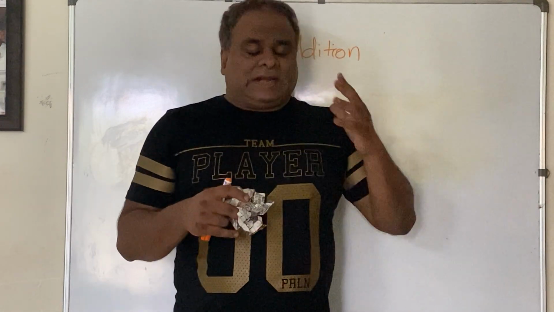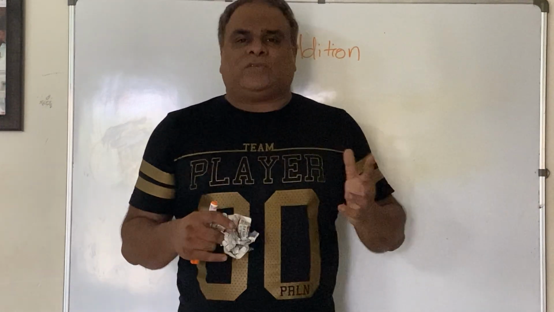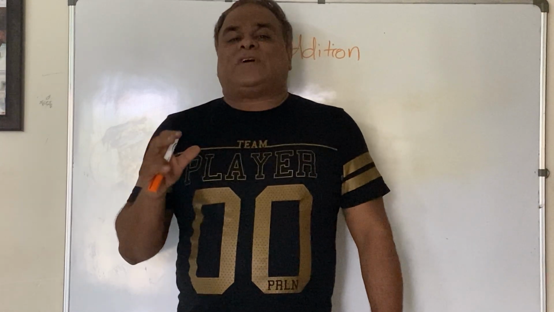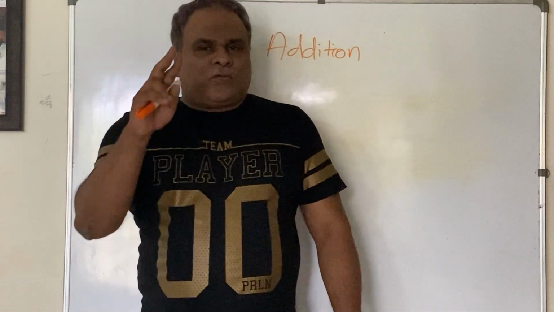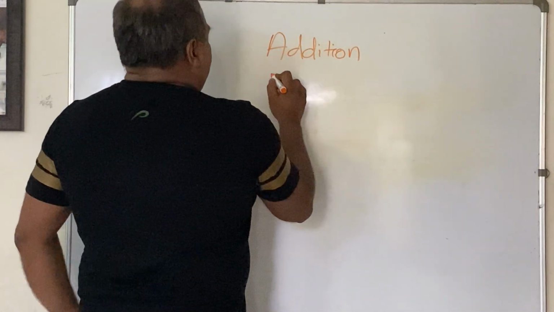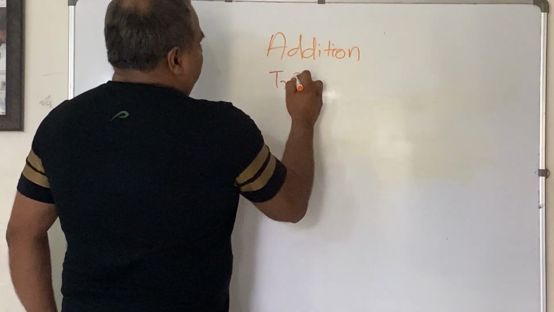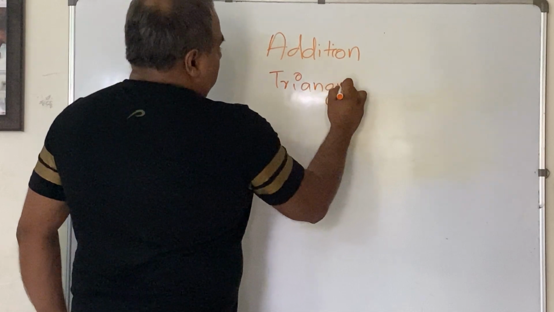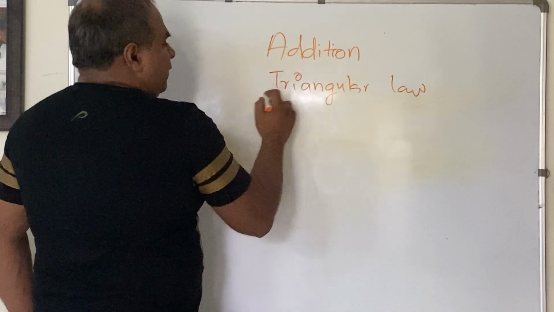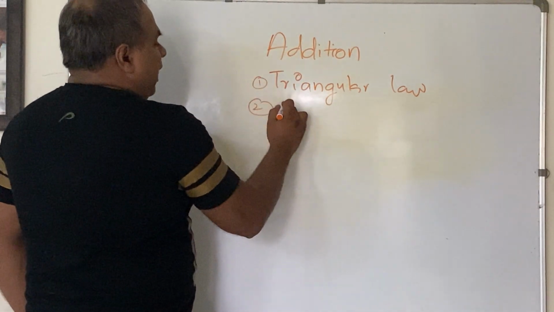The reason is that vectors do not obey the rules of algebra because they have direction. That's why we are coming up with special rules for addition and multiplication. For addition, you have two rules. One is the triangular law. The second one is the parallelogram law.